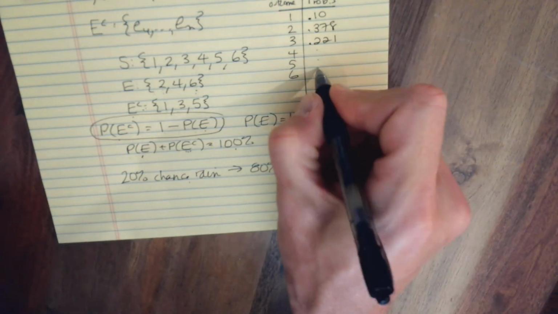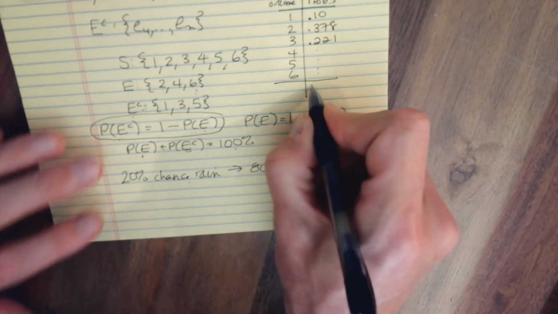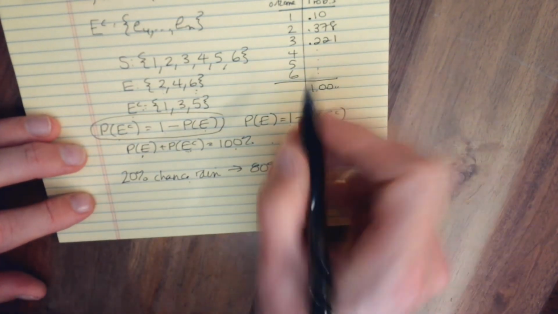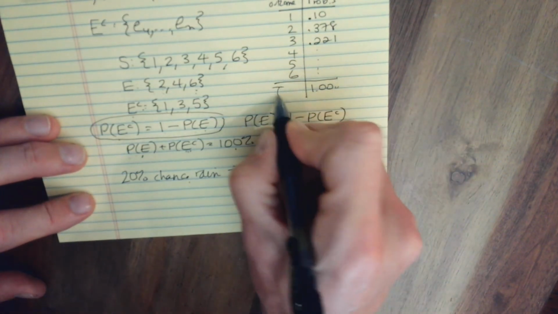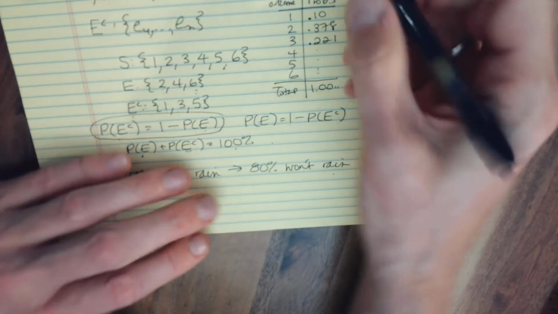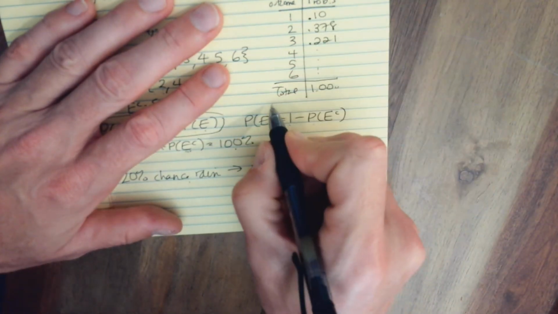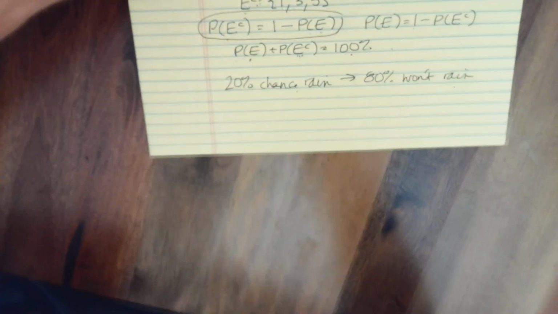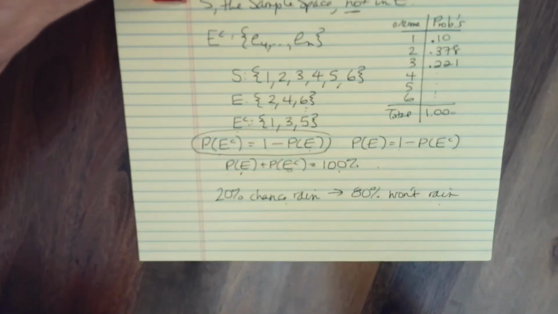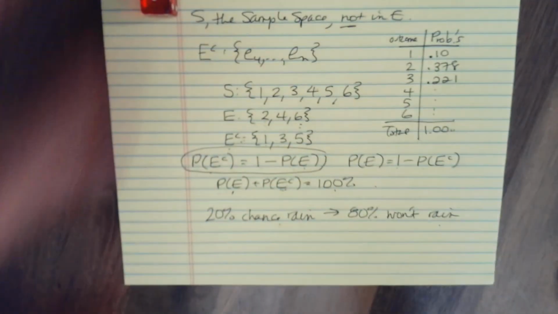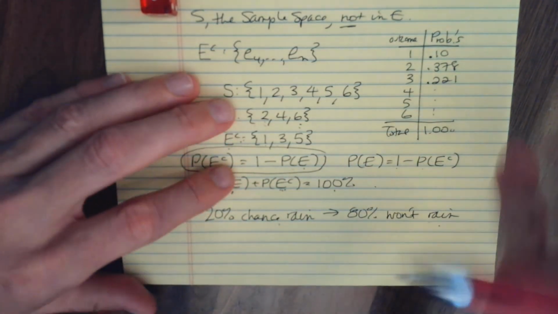I know that all of these are going to add up to 1. This is a valid probability model. Again, I'm using this probability model here.